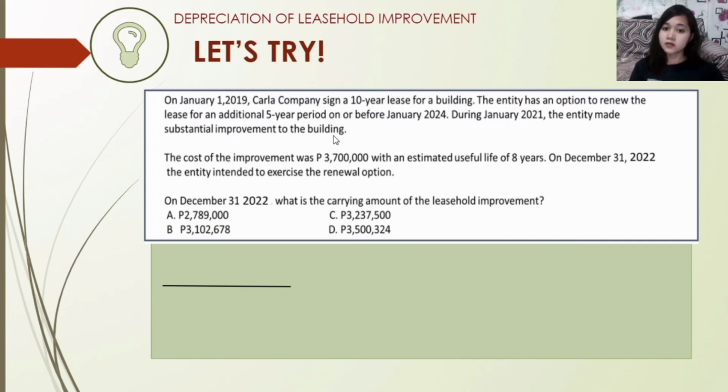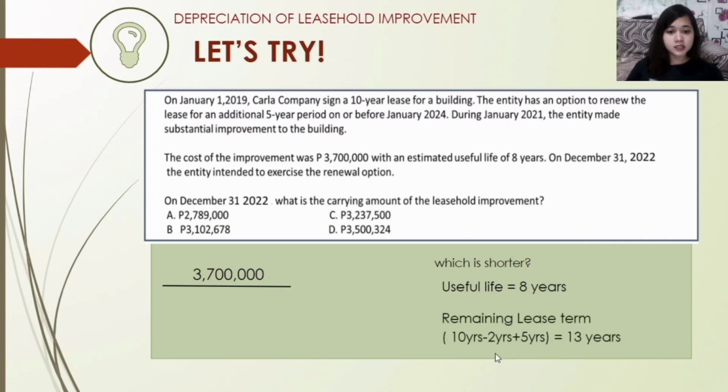The cost of improvement was 3,700,000 with an estimated useful life of 8 years. On December 31, 2022, the entity intended to exercise the renewal option. So, itong renewal option na to, which is 5 years, tinuloy nila.